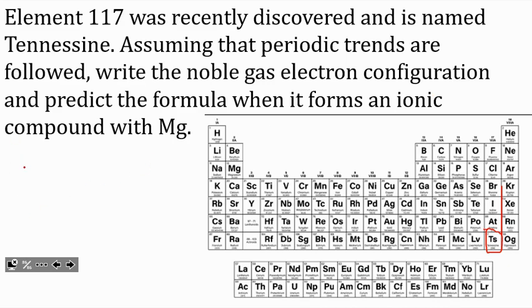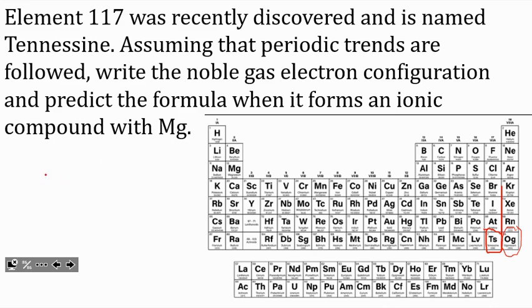All right, so we're trying to figure out what the noble gas configuration of this would be. So is it going to gain an electron or lose an electron to get a full octet? It's going to gain. So its noble gas configuration would look like this.